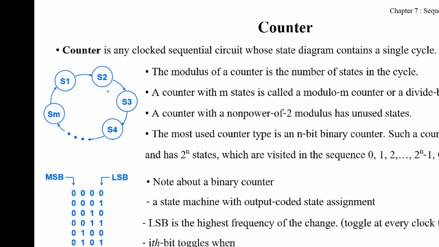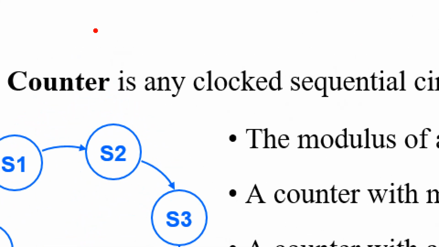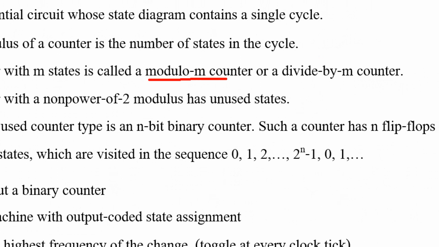And if it contains M states, it's called a modulo M counter, or divided by M counter. M is the number of states of the counter.